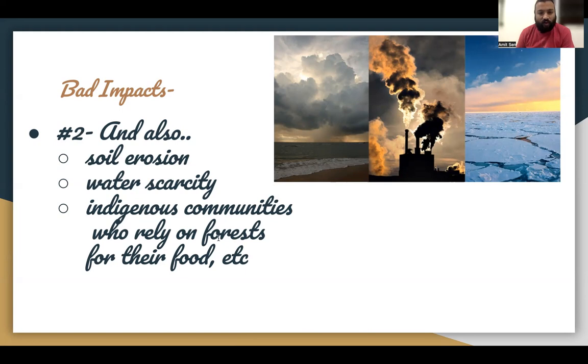Because I touched on global warming earlier, global warming is basically, as we all know, a process where the long-term heating of Earth's surface is observed, and due to human activities like primarily fossil fuel burning, it increases the heat trapping, and the greenhouse gas levels in the Earth's atmosphere are released.